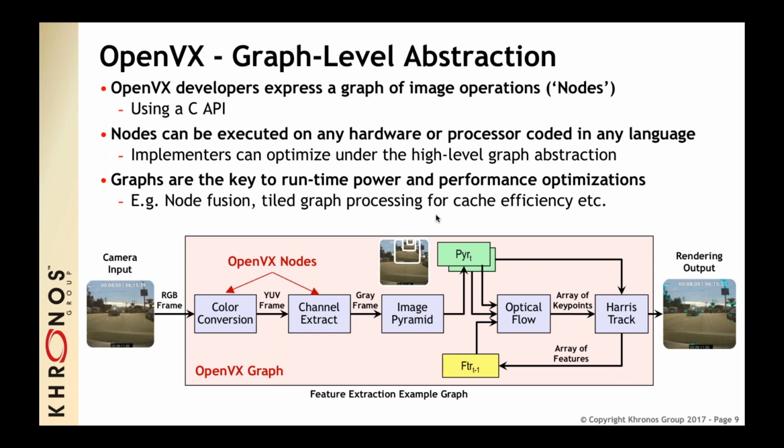In vision, you tend to have images, pyramids, and arrays, and if you're using neural networks, you have tensor objects, and they all have certain specific attributes. So OpenVX abstracts all these objects so that an application can simply say, I want to create an image with this particular format and these dimensions.